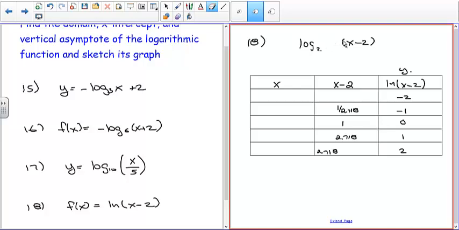I've already forgotten. That's pathetic. Okay, so e is 2.718. So this will be 2.718 squared, which is approximately 7.4. Here you'd have 1 over 2.718 squared.